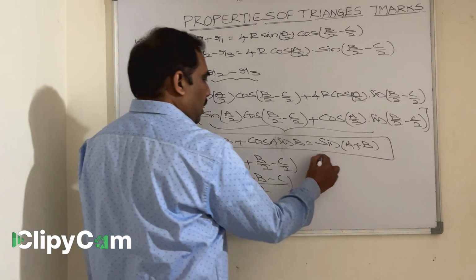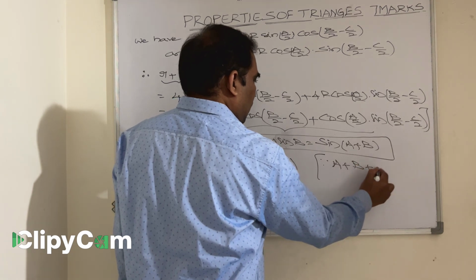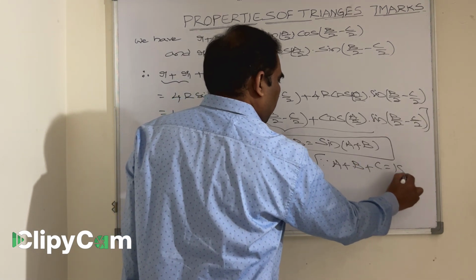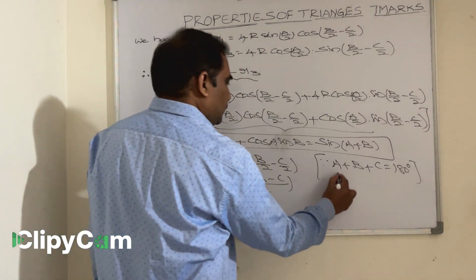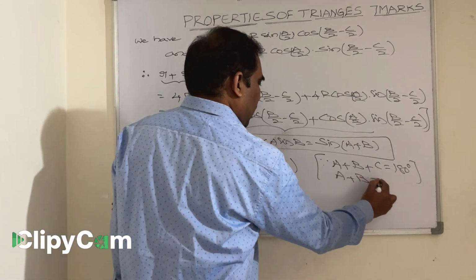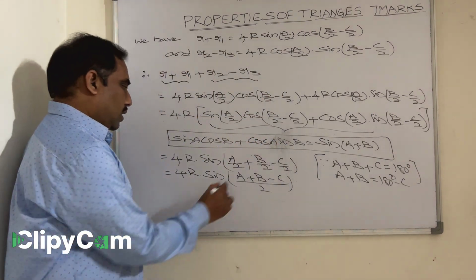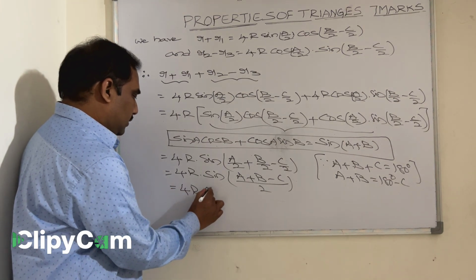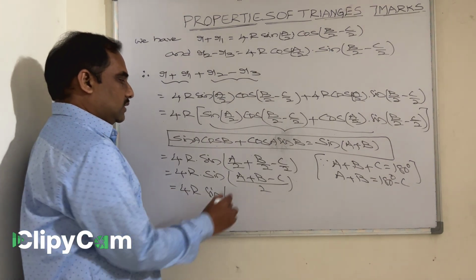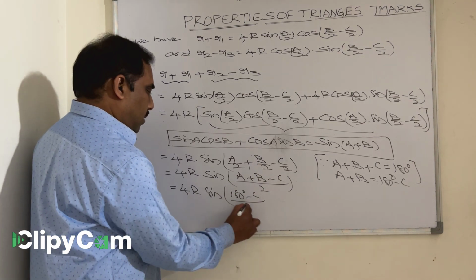See, already we know the property of the triangle is A plus B plus C is equal to 180 degrees. So from this, A plus B is equal to 180 minus C. So now here A plus B is replaced by 180 minus C.